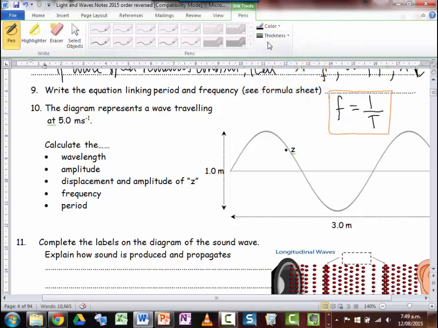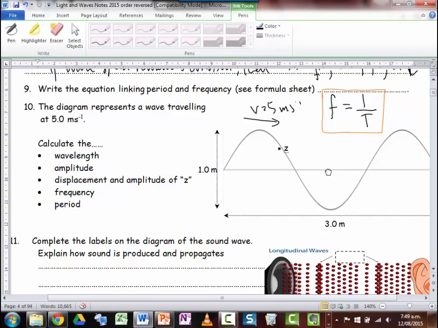Okay. So the diagram represents a wave traveling at 5 meters per second. So we know that the speed v equals 5 meters per second. Calculate the wavelength, amplitude, displacement and amplitude of Z, frequency, and period. Okay, so the wavelength, I'm just going to move the whole board over a little bit so I can see the whole wave. I think what we've got is this crest, this trough, and this crest, and the length of that adds up to 3 meters.